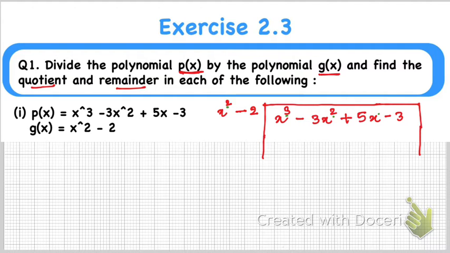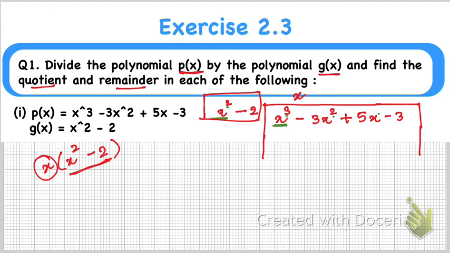Here you can see that x square is there, and here the first term is x cube. If you multiply this x square with x, you will get x cube. That's why the first term will be x. Now multiplying the complete divisor g(x) with x, x into x square minus 2 gives x cube minus 2x.